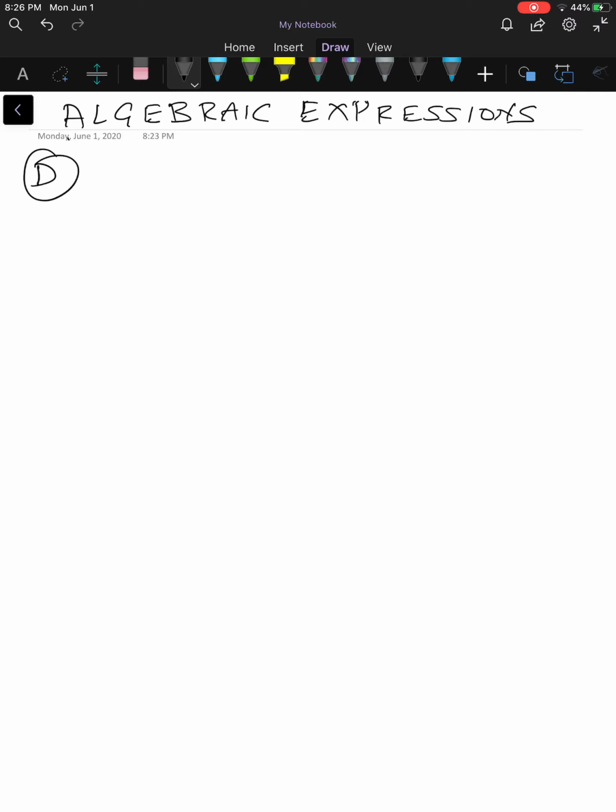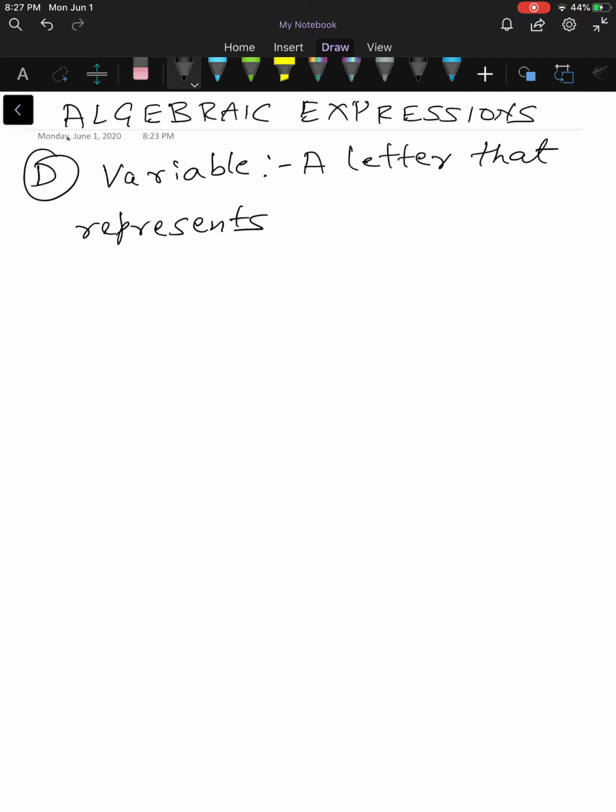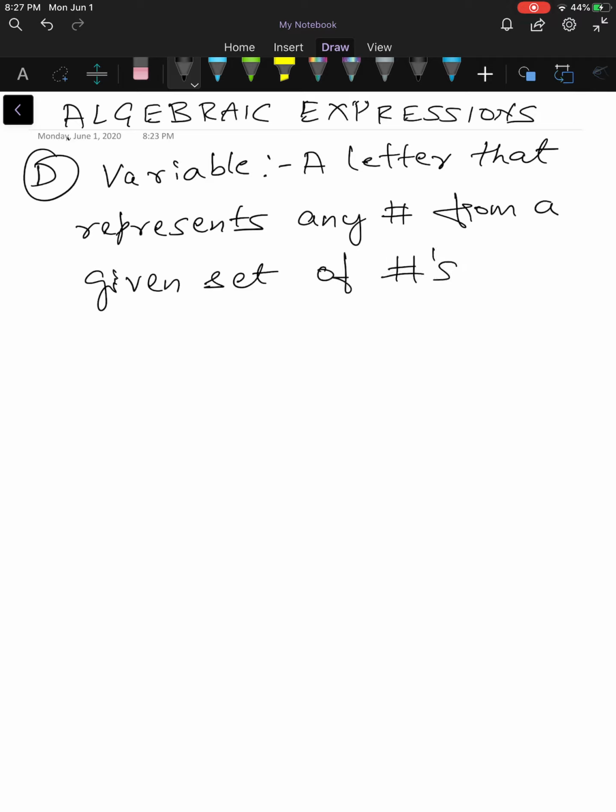To begin with, let me define what is a variable. A letter that represents any number from a given set of numbers, for example, a letter like X, Y, Z and so on.